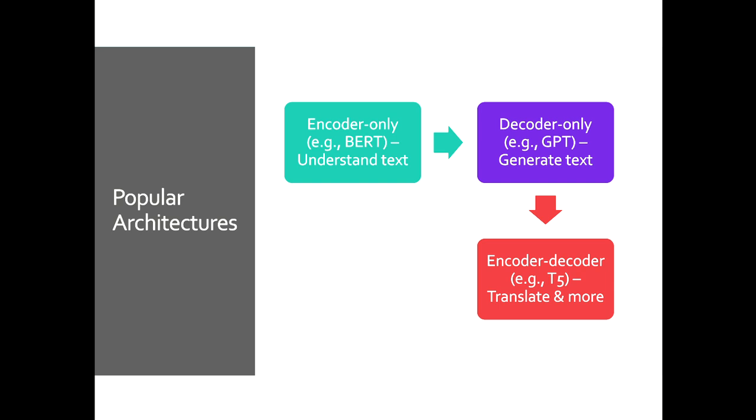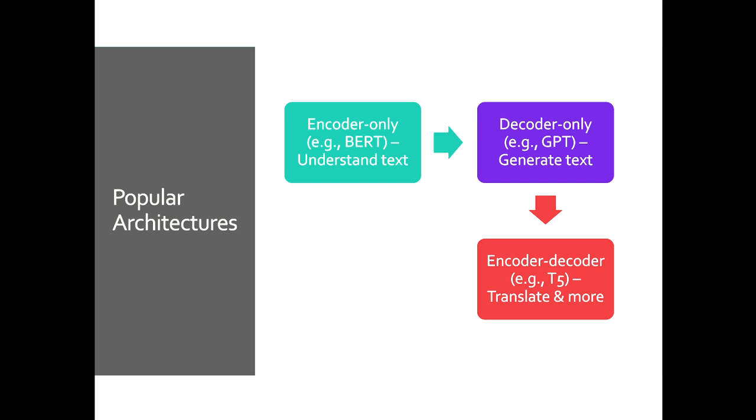So let's now look into the more popular architectures of pre-trained learning. As we see here, we have three main types of pre-training architectures. One is encoder only, for example BERT. These focus on understanding the input.